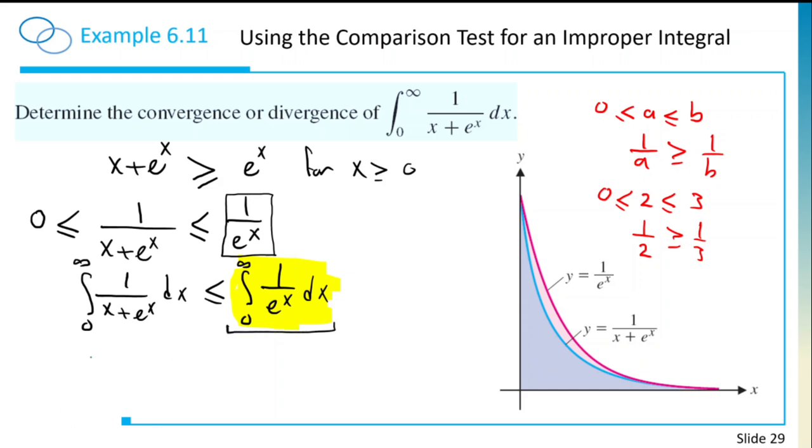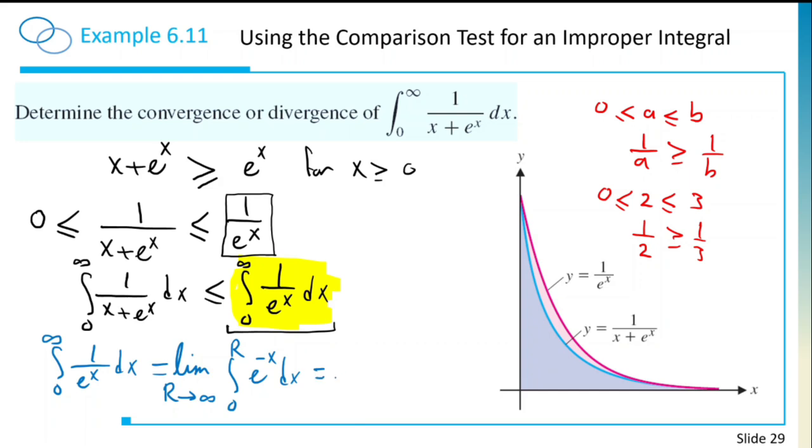Now this integration here, the integration from 0 to infinity of 1 over e to the power of x dx. Notice this is an improper integral again, at infinity. So I could write it as the limit as r approaches infinity of the integration from 0 to r of e to the power of negative x dx.